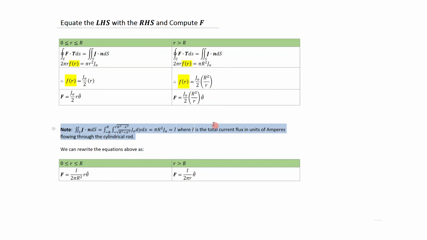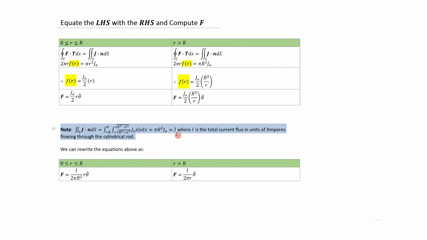Now sometimes it's convenient to make use of the expression in a slightly different way. If we integrate the current flux density over the full area or cross-section of the conductor, here shown in Cartesian coordinates, though we could easily solve this in polar coordinates, then this is equivalent to pi R squared J naught, in the event that J naught is a constant value.